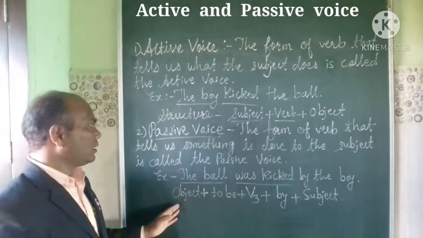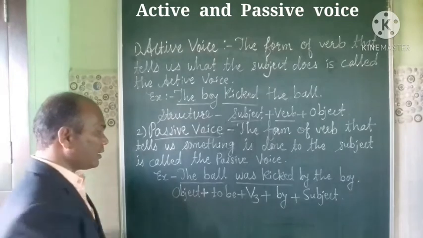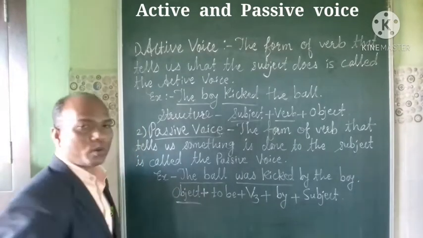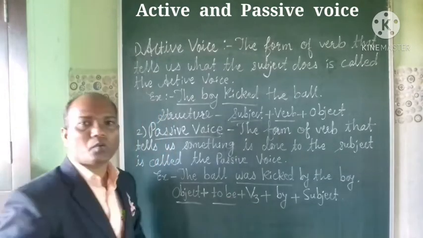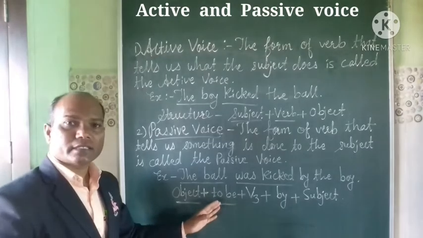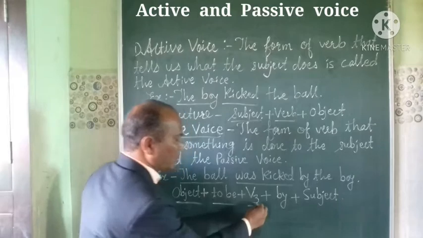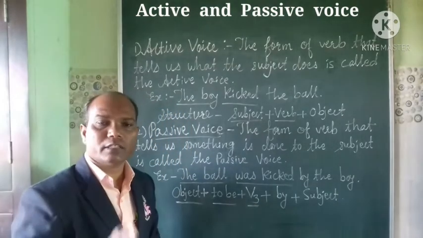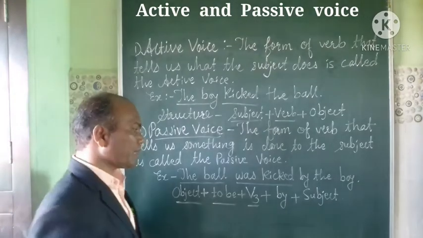Then in the passive voice, the general structure is here. First comes the object. After that, the to be form of the verb. It changes according to the tenses. Then the third form of the verb, which is also called the past participle form of the verb.